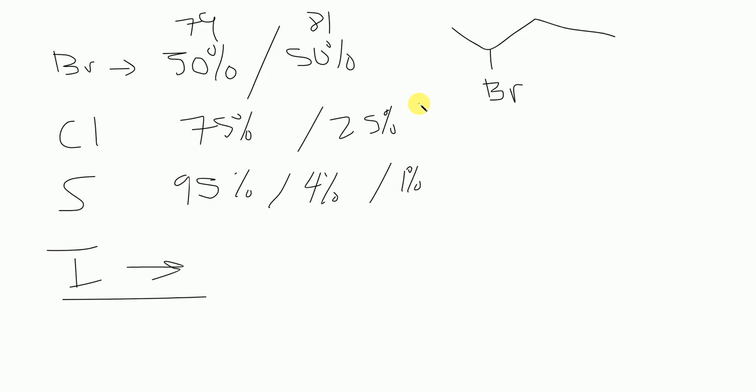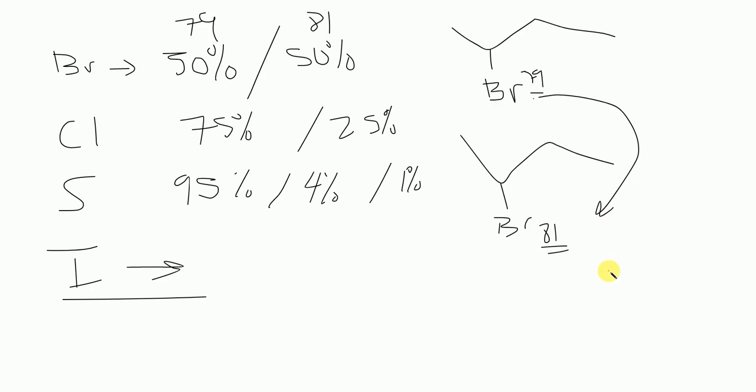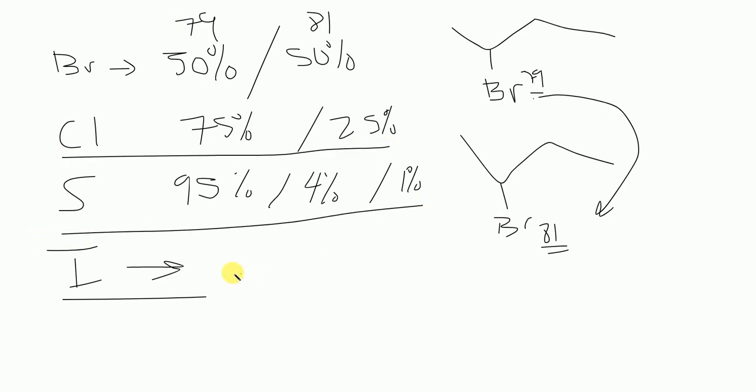So we have these isotopes present in their statistical chance of being present. I'll have 50% of these be the 79, and another molecule that looks exactly the same has a bromine, but it might be the 81. So I have 50% likely to have both the 79 and the 81. And these will show up on the spec because this one right here weighs 2 more than the 79, and we'll see that represented very clearly on the mass spec. The same thing goes for all of the other ones.